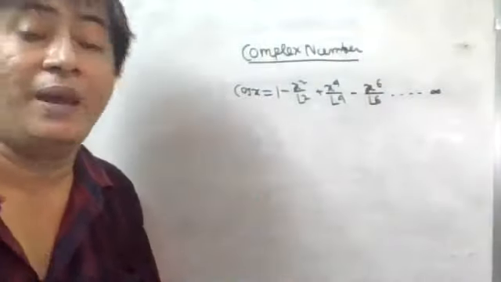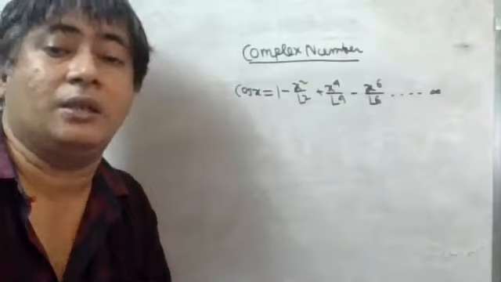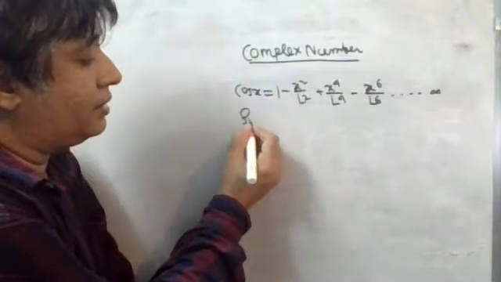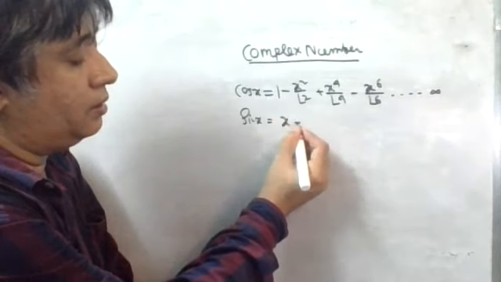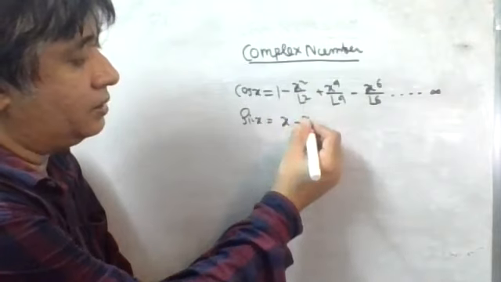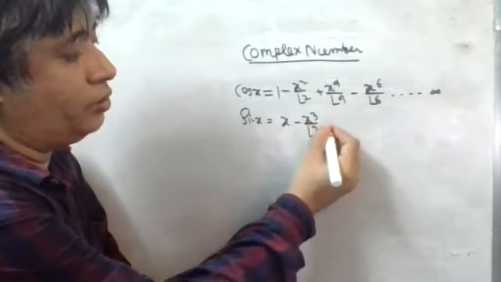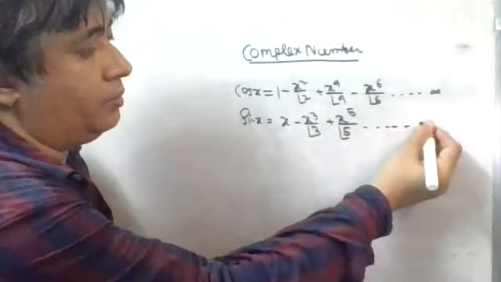You can get this expansion by using Maclaurin's theorem, the application of derivatives. And sin x is x minus x cubed by factorial 3, plus x to the power 5 by factorial 5, and so on.